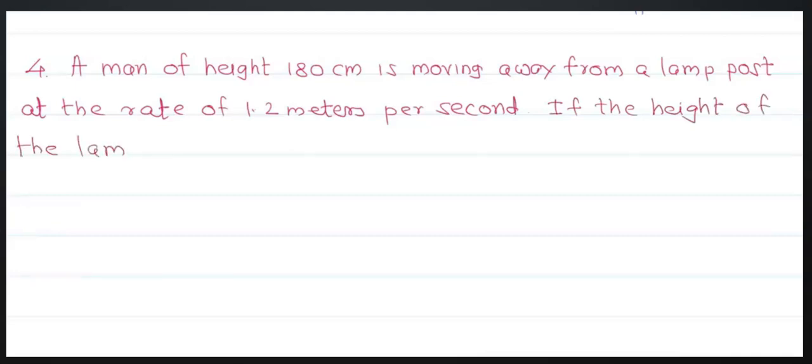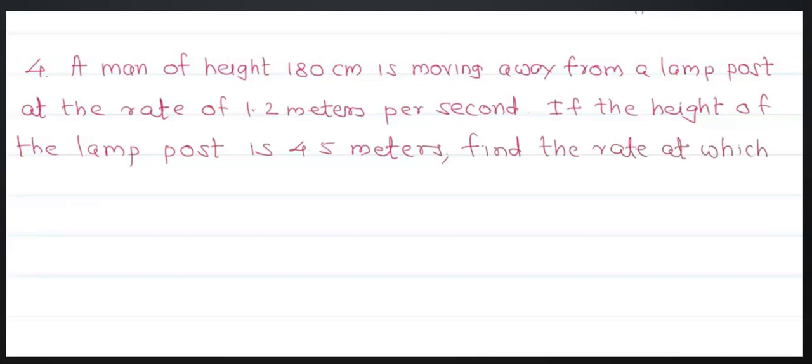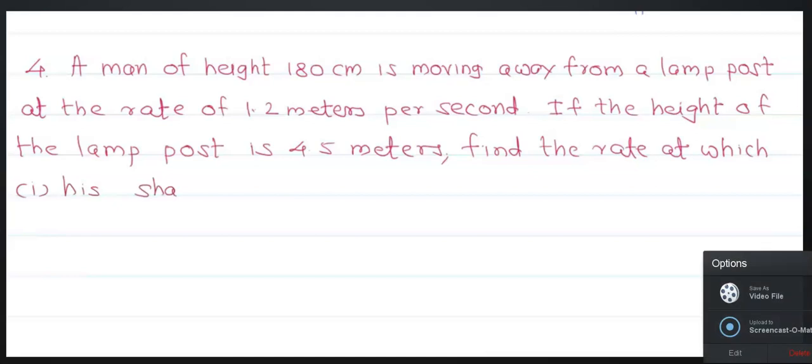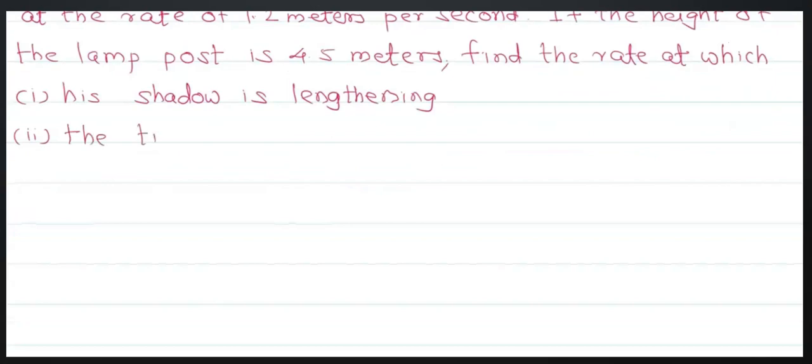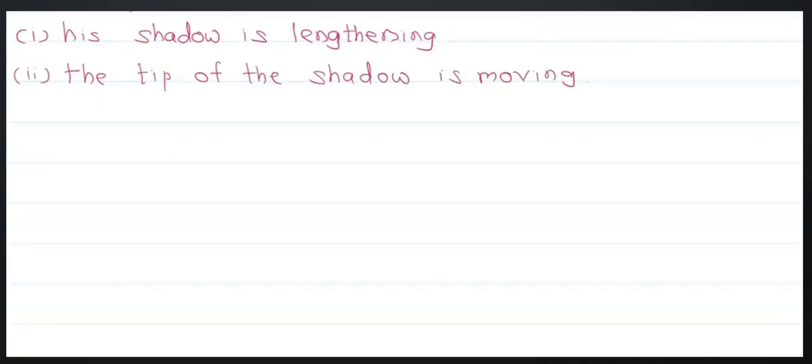If the height of the lamp post is 4.5 meters, find the rate at which his shadow is lengthening, the rate at which the tip of the shadow is moving.